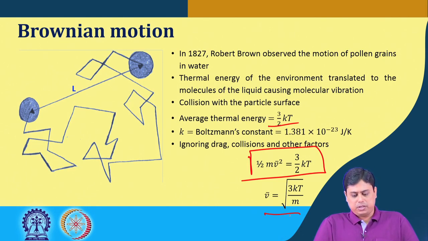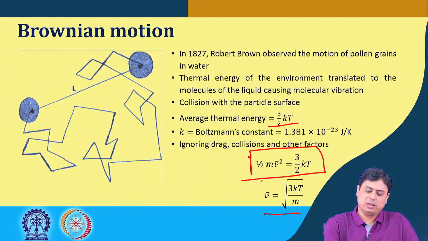From this expression we can understand that with changing temperature this velocity will be influenced. If we increase the temperature the velocity will increase, and the Brownian motion will be more rapid or random. If we decrease the mass of the particle, the velocity will be higher.